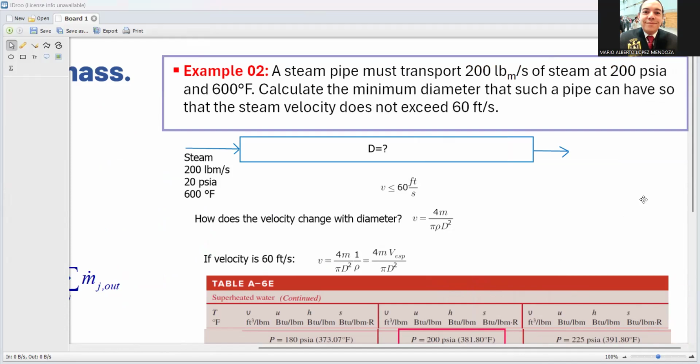In this case, it says that a steam pipe, steam is the vapor phase of water, must transfer 200 pound mass per second of steam, of this substance, which is at 200 pounds per square inch.